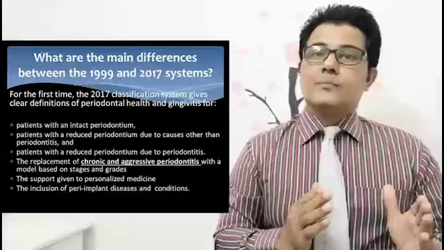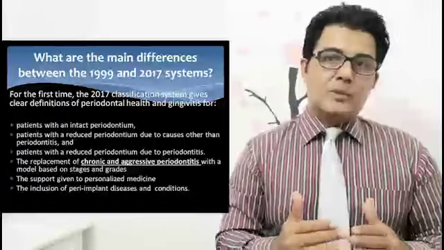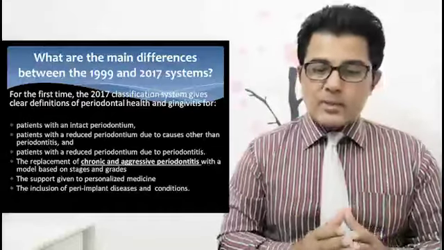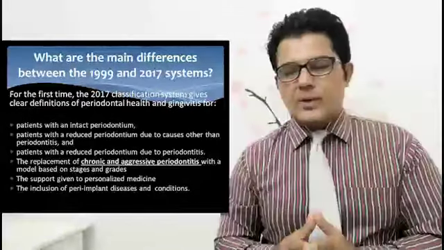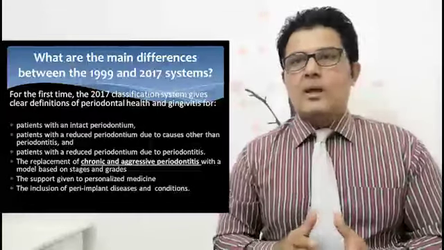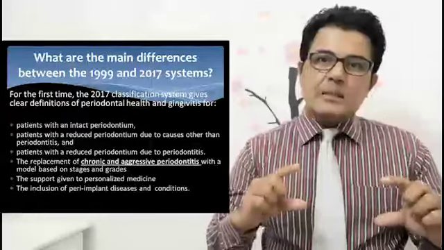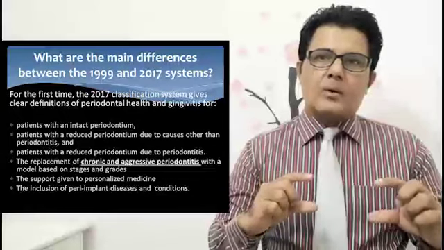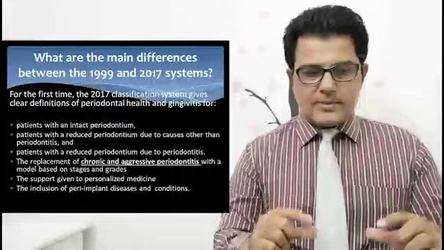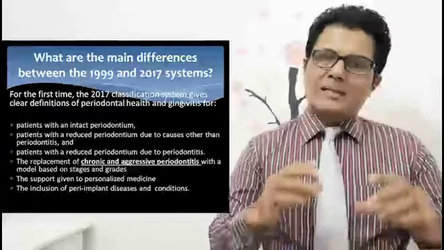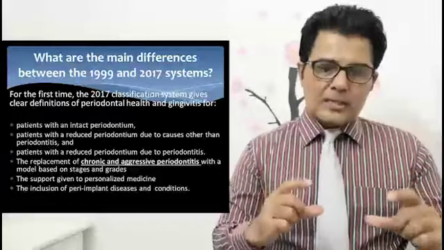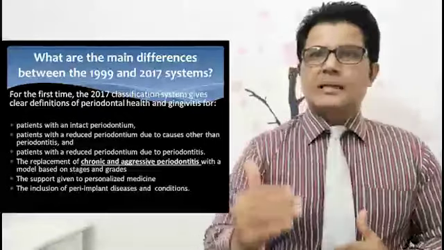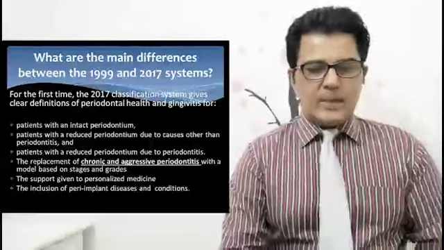The other difference between the previous classification and this latest one is the replacement of chronic and aggressive periodontitis with a single definition, a single topic titled periodontitis. This single title is based on a model of stages and grades of that disease.